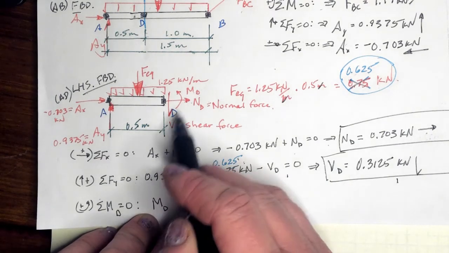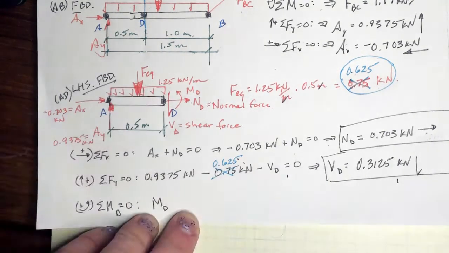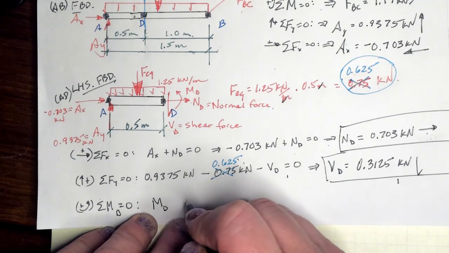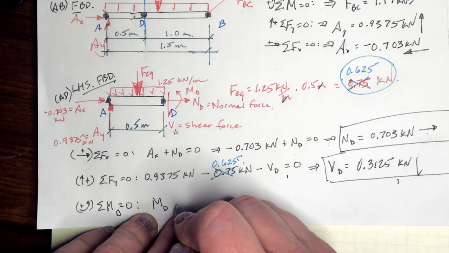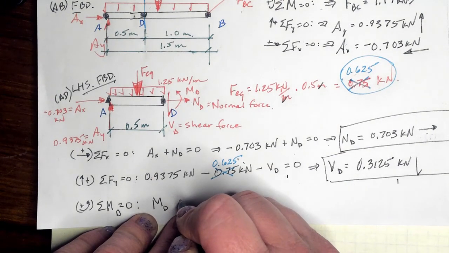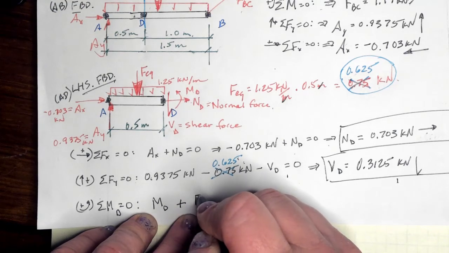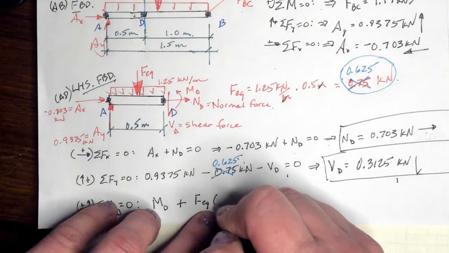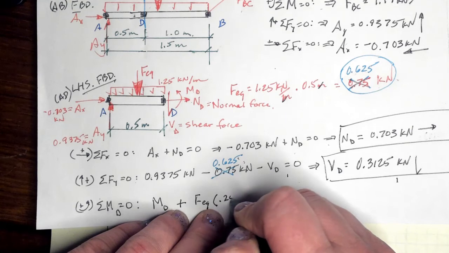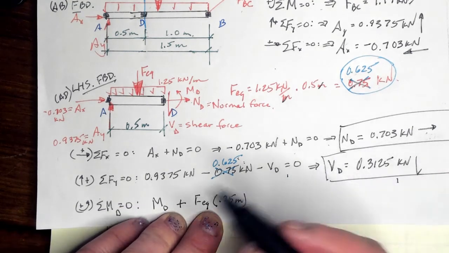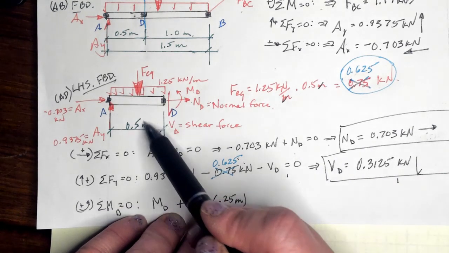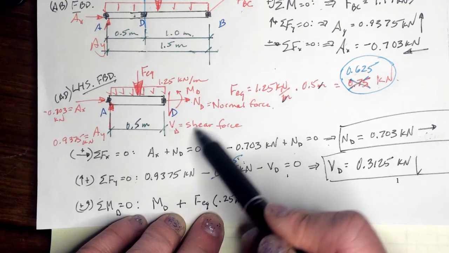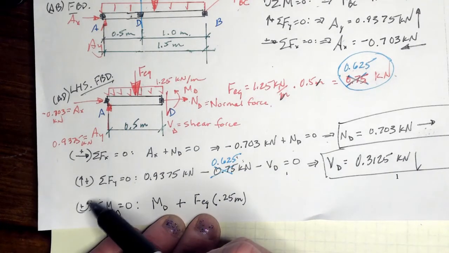We don't have to take into account these two because they're right there. They have a 0 moment arm. And we're going to have a positive F_EQ times the distance, which would be 0.25 meters. Okay, and that's positive because it's going to make this thing want to go in this direction, which is our positive direction.